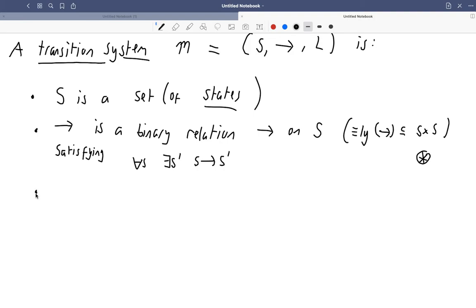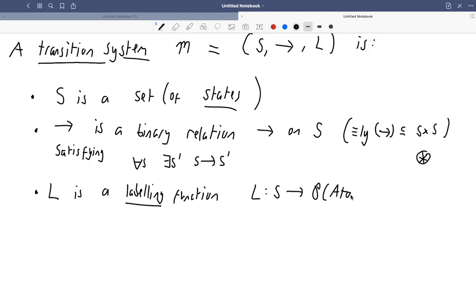And thirdly, we have L, which is what we call a labeling function. And this maps every state, so it maps the set of states to the power set of a set of propositional atoms.